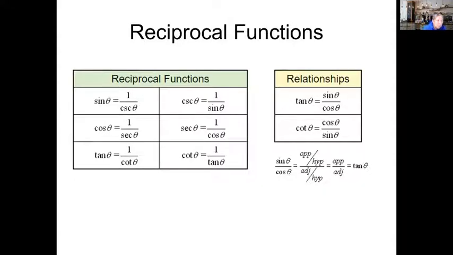Then, when we were learning about tangent, and the tangent identity was proven from the unit circle, we can write tangent as sine of the angle over cosine of the angle. In that manner, cotangent is the reciprocal of tangent.